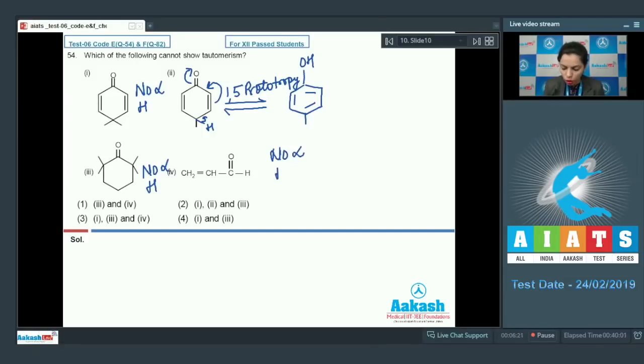So we can say there is no alpha hydrogen. And that is why there is only one compound which can show tautomerism. It means 1, 3 and 4, these 3 compounds, are not showing tautomerism. That's why option 3 becomes the correct option, which says 1, 3 and 4 cannot show tautomerism.